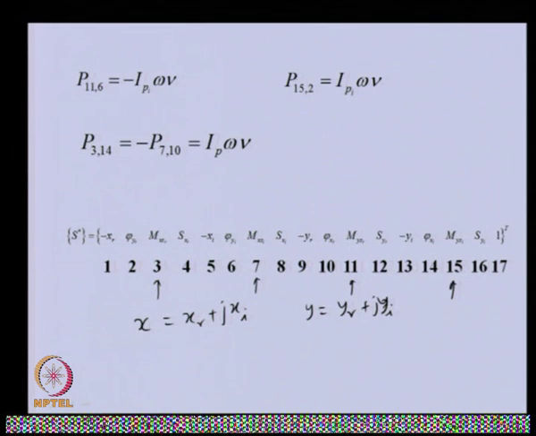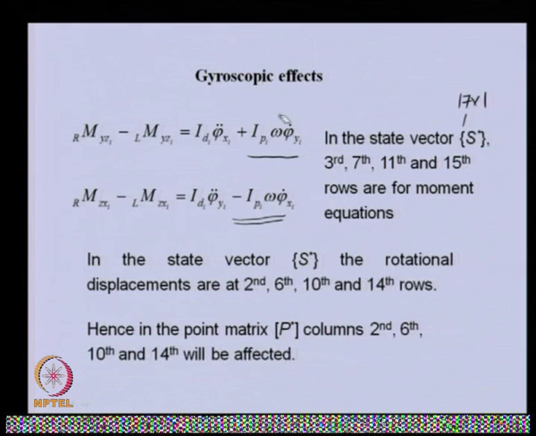So, the changes will be in these particular rows in the point matrix, because the gyroscopic couple terms give additional terms in these rows, the 3rd, 7th, 11th and 15th rows.